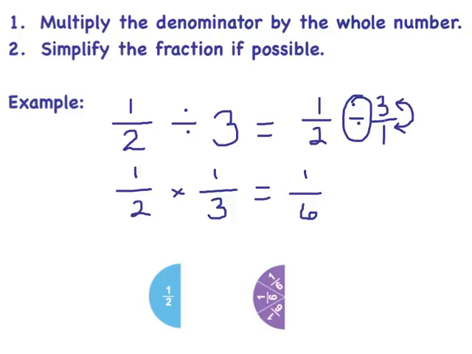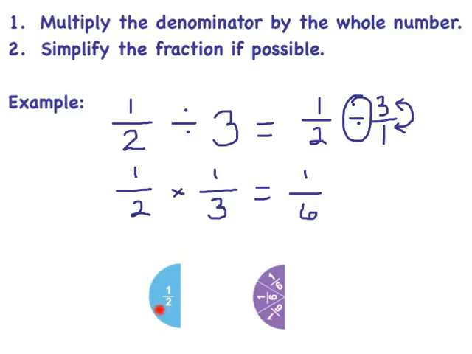That's what I've done in this next row. I have my 1/2, I changed to the multiplication, and I found the reciprocal of that divisor. Instead of 3/1, I have 1/3. So let's see what this looks like down here.